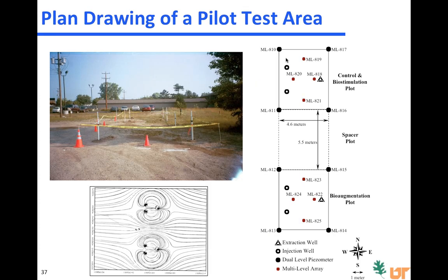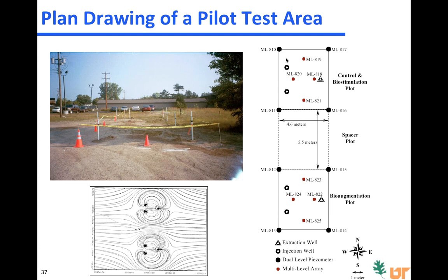This is shown on the next slide in one of the first pilot studies where a lot of data were collected to demonstrate the value of biostimulation, and biostimulation combined with bioaugmentation, to treat a plume of predominantly cis-dichloroethene.